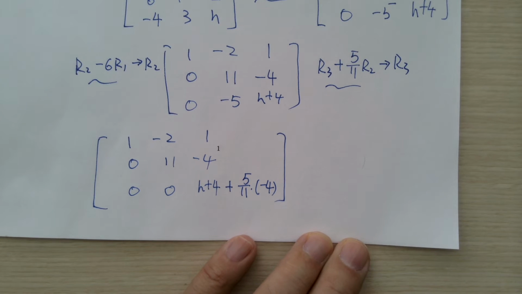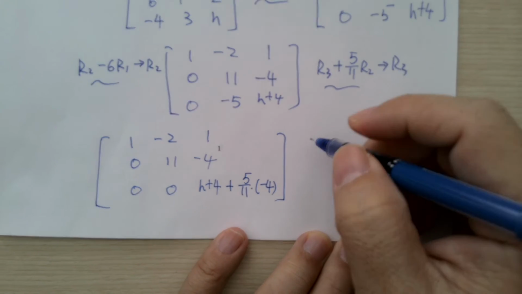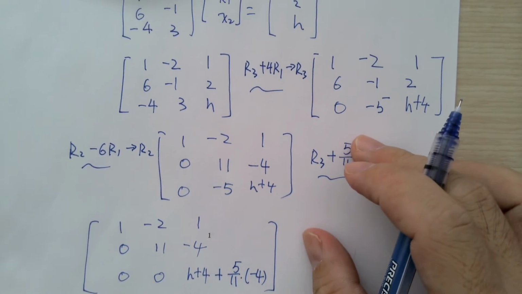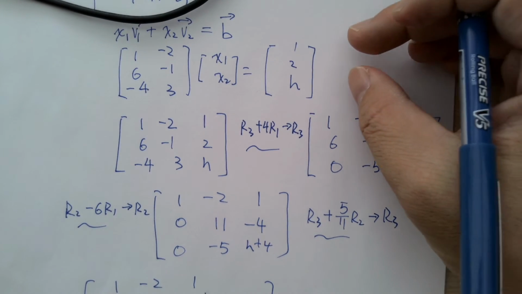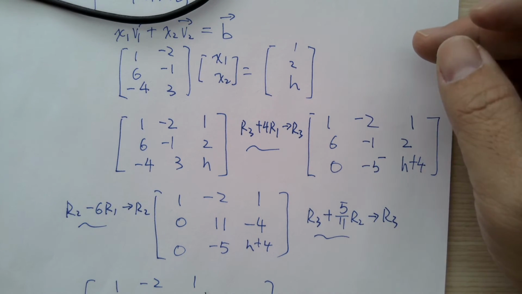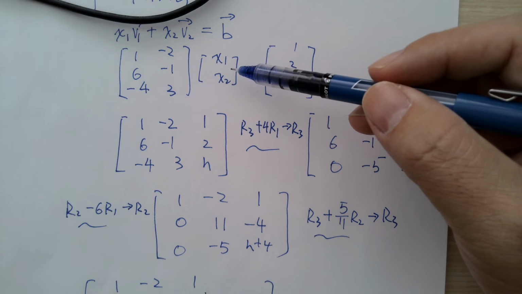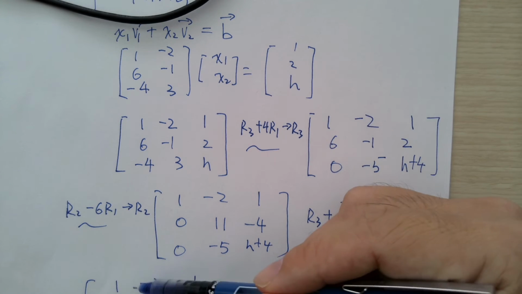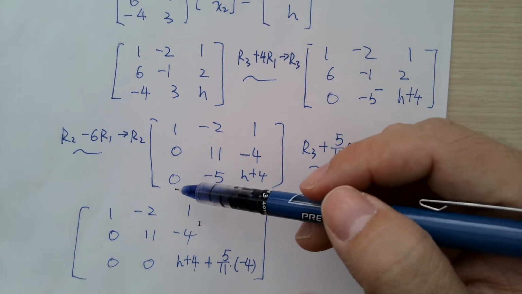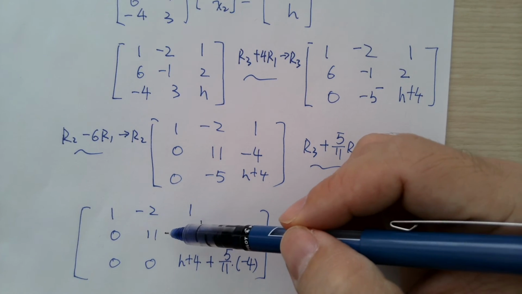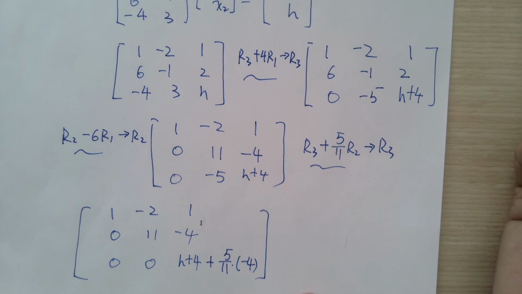So it turns out that if we want this matrix equation to be consistent, keep in mind I only have two variables here, right? I need to make sure that I only have two pivots, and then I'm all good to go.